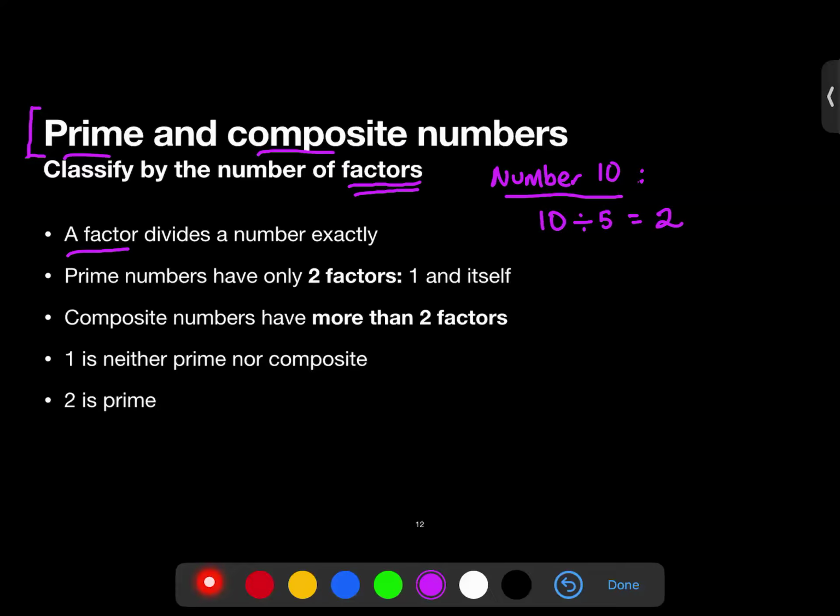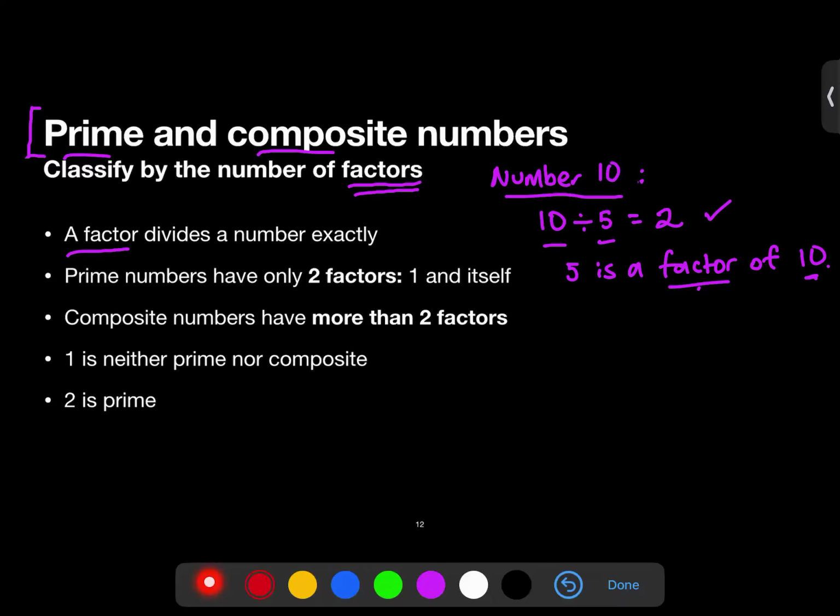And since 5 divides 10 exactly, 5 is a factor of 10. So this is how we will explain factors. So if a factor divides a number exactly, that number is a factor of that number. So 5 is a factor of 10.